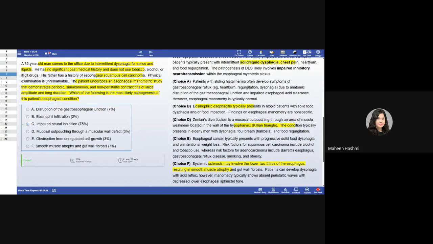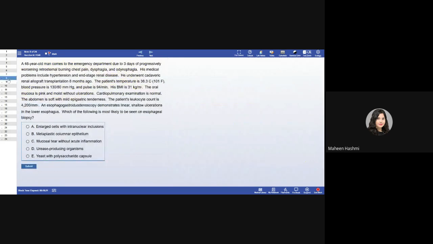Whenever they're talking about eosinophilic esophagitis, they want you to know that the patient has some history of atopy, asthma, and you will also see the eosinophil count is very much increased. The treatment for this is to remove the triggers, and it will self-resolve. Then we come to the next question.